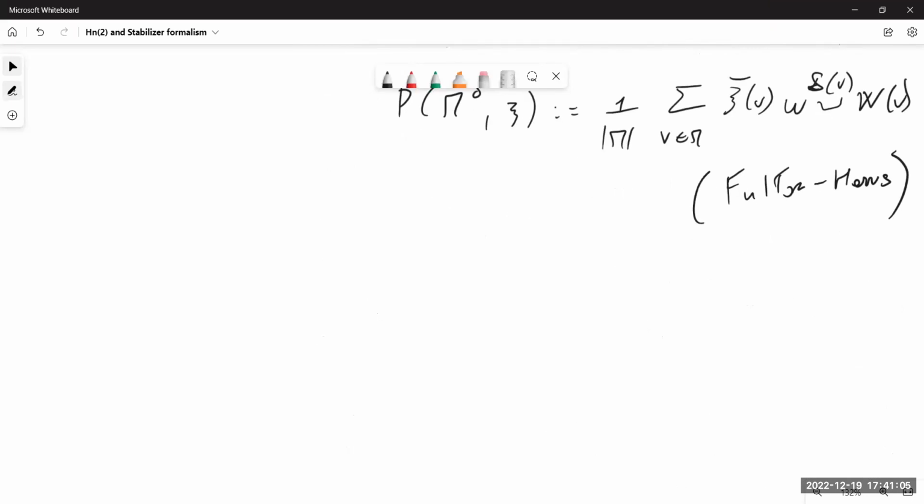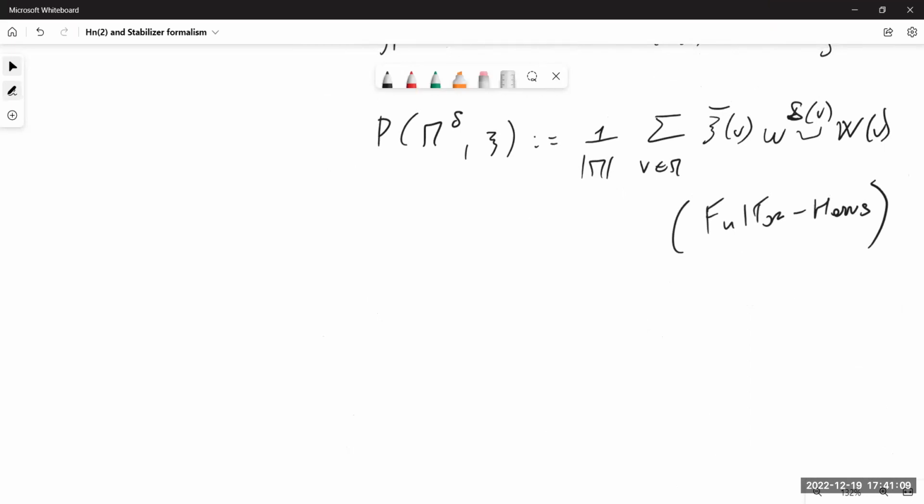But now you have this formula for the projection, and if you take the trace of this projection, you obtain the dimension of the vector space on which you are projecting.